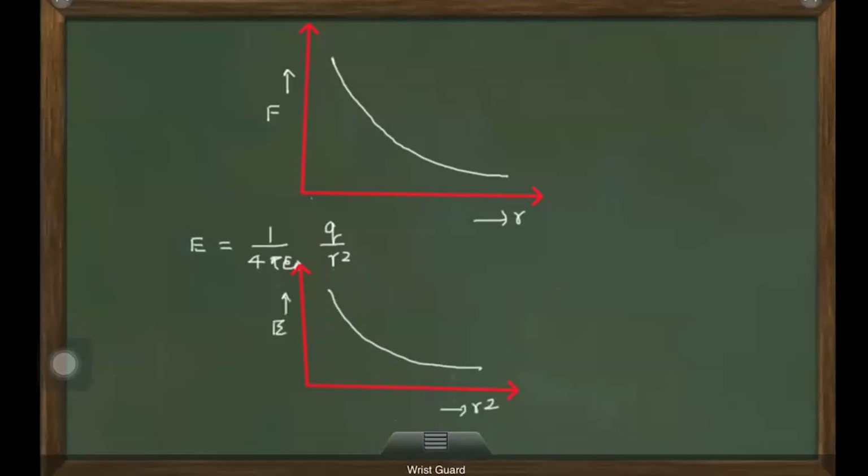When you were in your 11th class, it was told that if one variable has one power and another variable has two power, then the nature of the graph will be parabolic. So it is from there. It is a square graph.